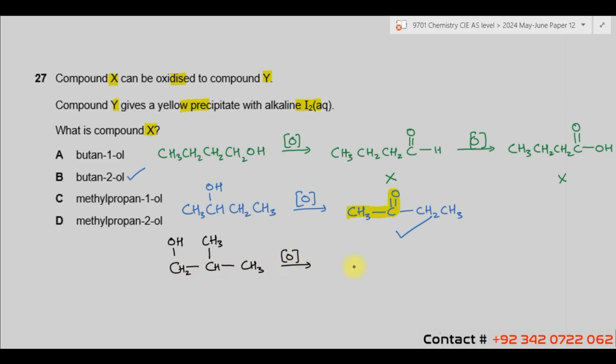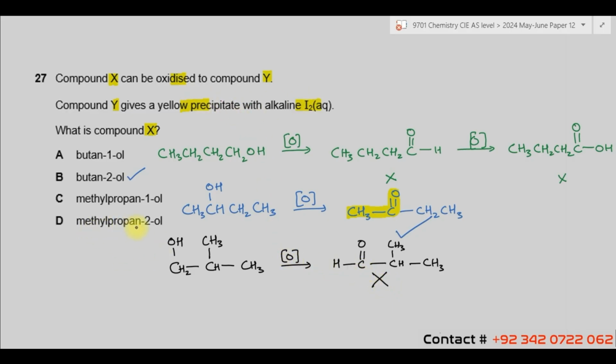By oxidation, as it is primary alcohol, it will be converted into aldehyde first. Now this aldehyde can be further oxidized to carboxylic acid, but that is not needed because carboxylic acid never gives a yellow precipitate with alkaline aqueous iodine. Okay, so for this part we need CH3 directly attached to C double bond O, which is absent, so this won't give positive result.